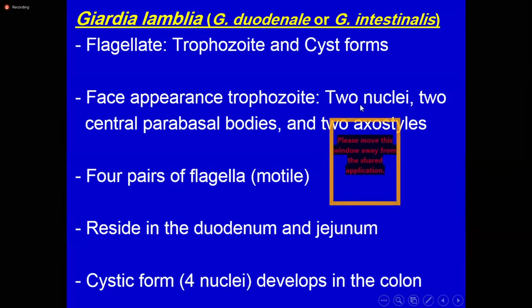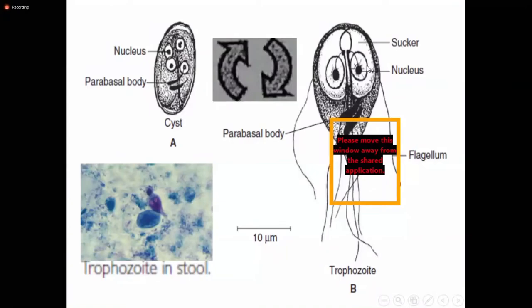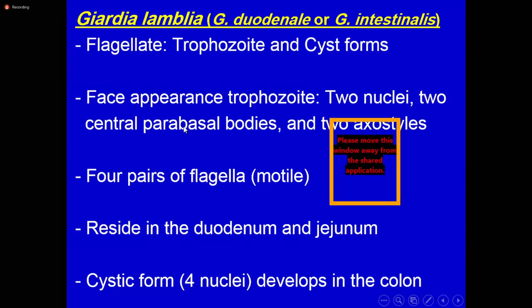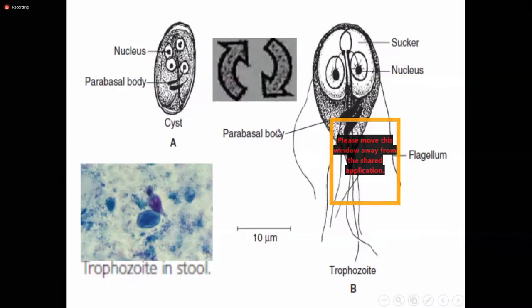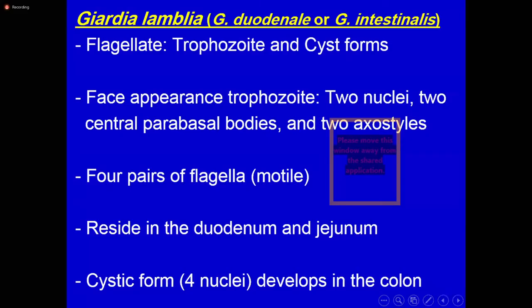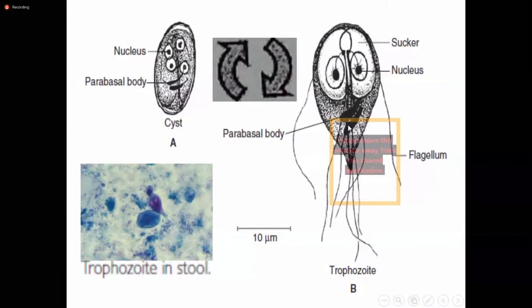It has 2 nuclei, nucleus and nucleus, and 2 central parabasal bodies at the end, and 2 axostyles. These are the parabasal bodies, the black ones. These are the 2 axostyles, the longitudinal ones.